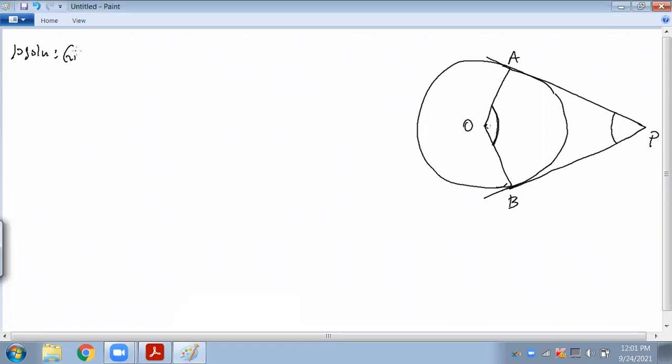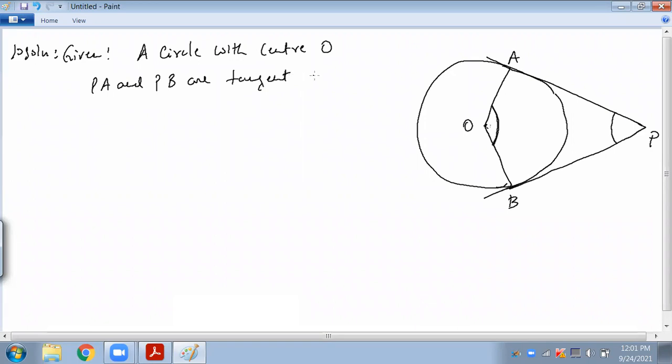Given is a circle with center O, PA and PB are tangents at A and B, tangents from the same external point P. Now to prove what?